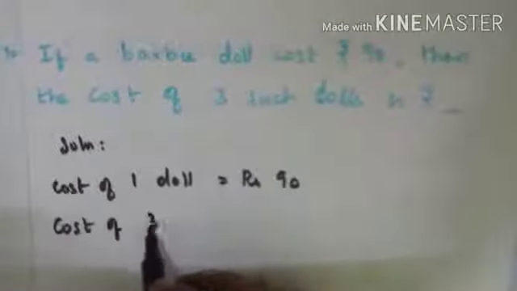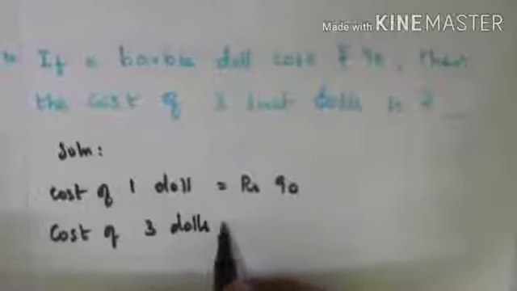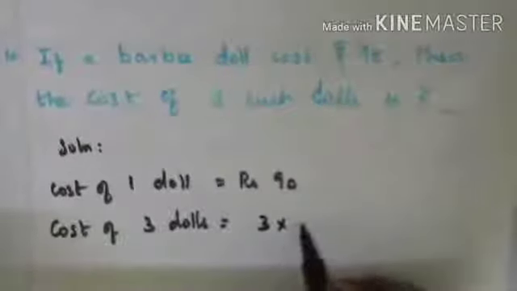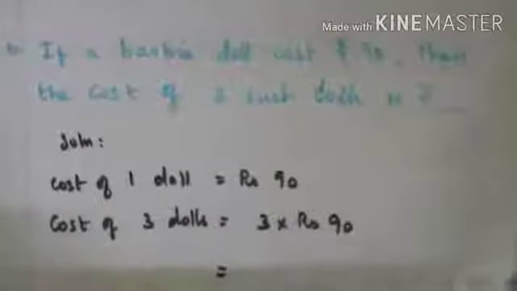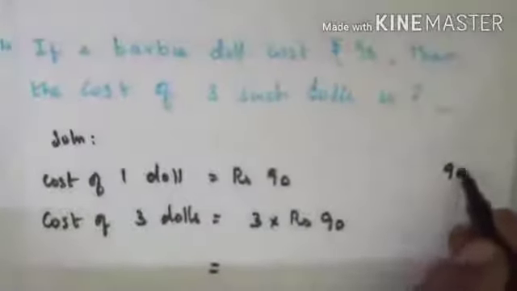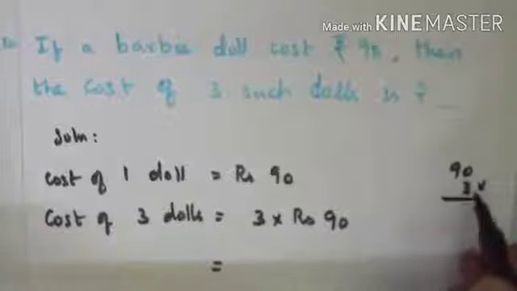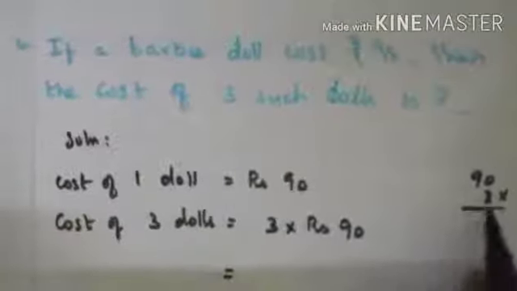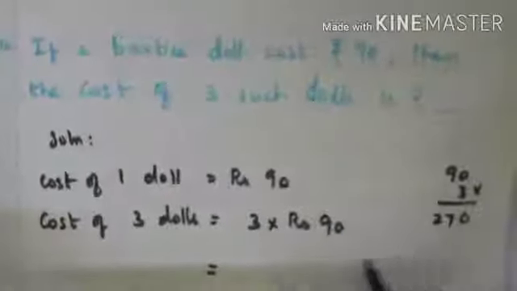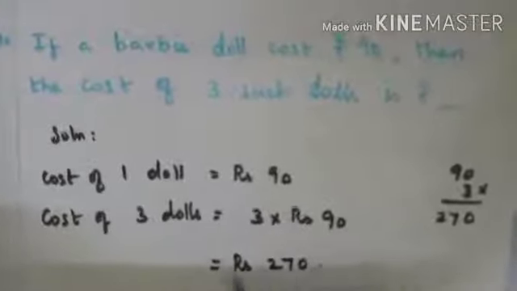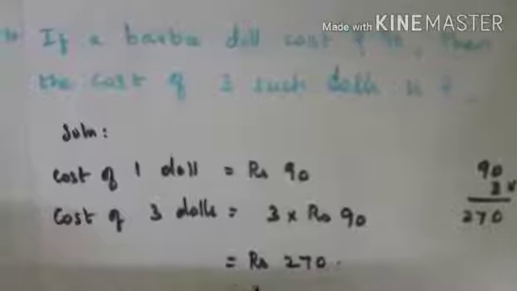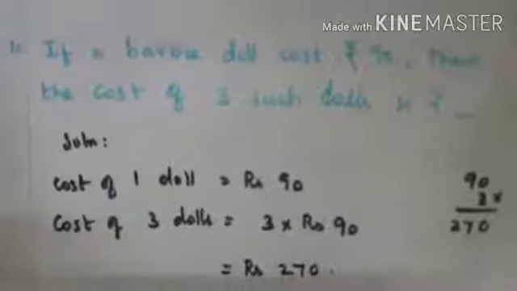Cost of 3 dolls is 3 into rupees 90. Therefore we multiply 90 and 3. 0 3s are 0, 9 3s are 27. Therefore rupees 270. Cost of 3 dolls is rupees 270.